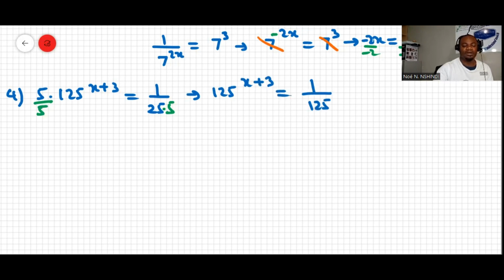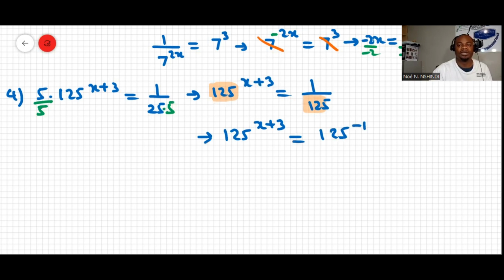125. Now, because it is 125 there, I don't need to write them in terms of the prime factor again. I can, but I don't need to. So I leave it like that, 125 to the x plus 3. And then over there, I will apply the property that says 125 to the negative 1, okay?